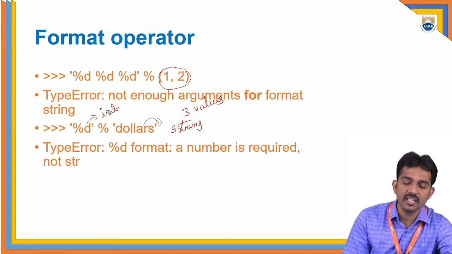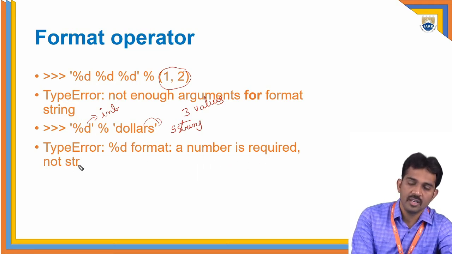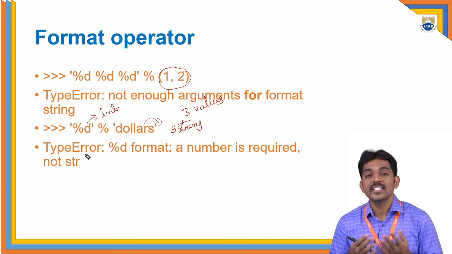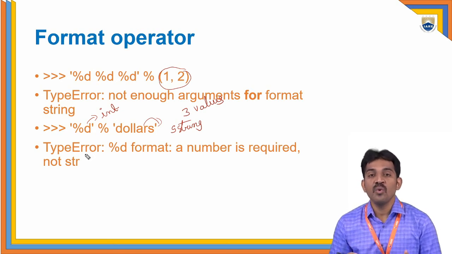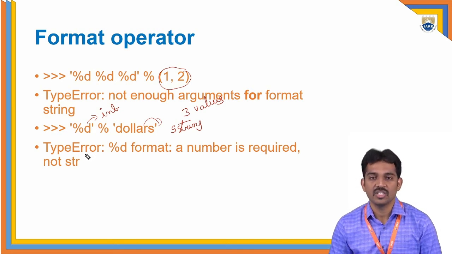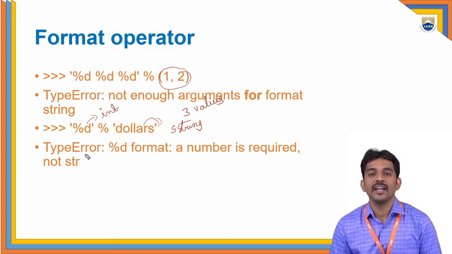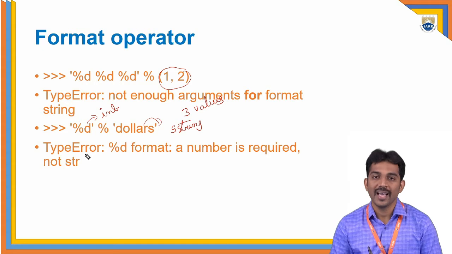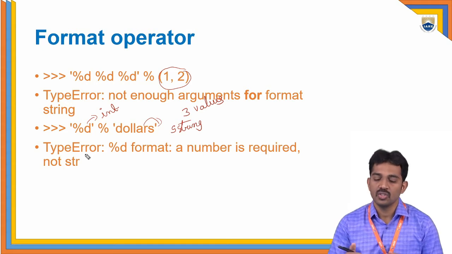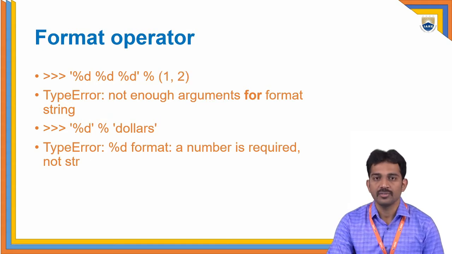When you use %d, a number is required, not a string. It is hinting you. The formatting string is used for integers only, so you should pass it as an integer, not a string. So it is going to alert you.